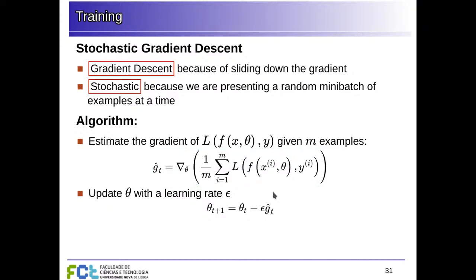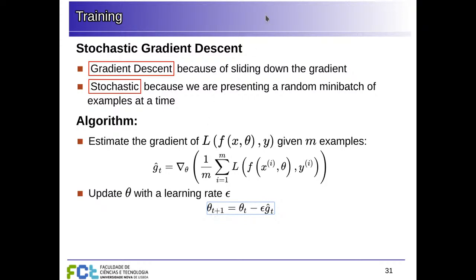Now we update all the parameters by sliding down a bit in the direction of the negative of the gradient. We use a small value, the learning rate, to multiply the gradient estimate, and we subtract that from the vector of parameters that we had before, and this gives us the next set of parameters.